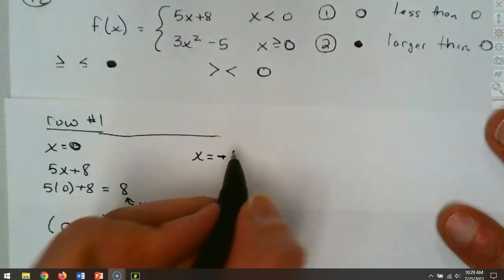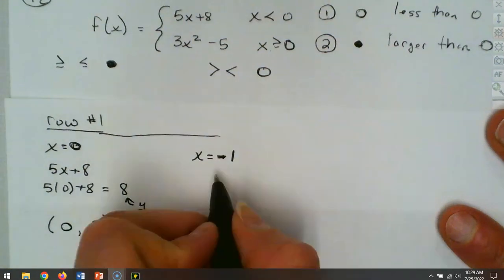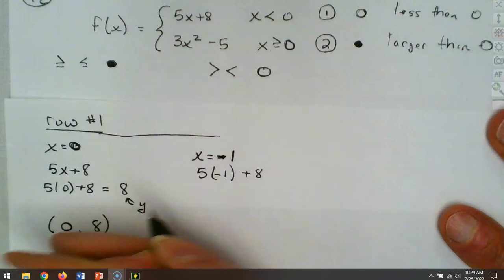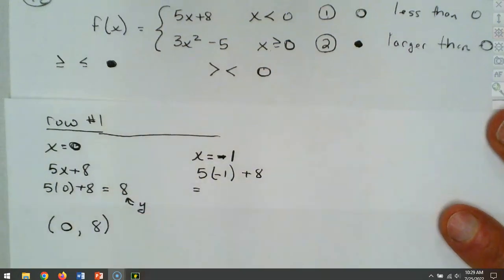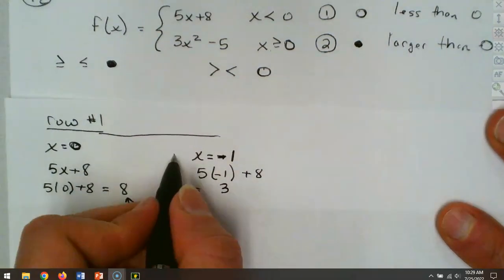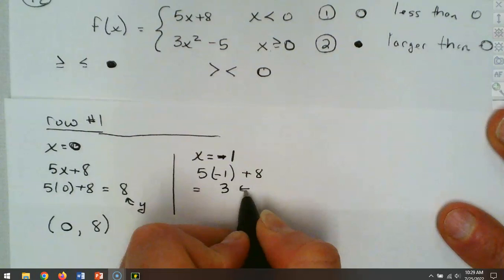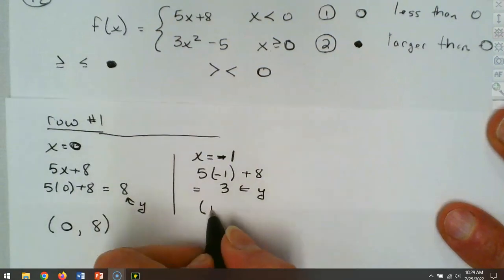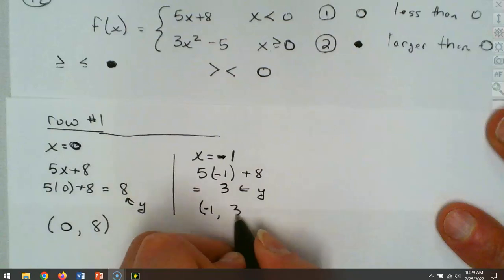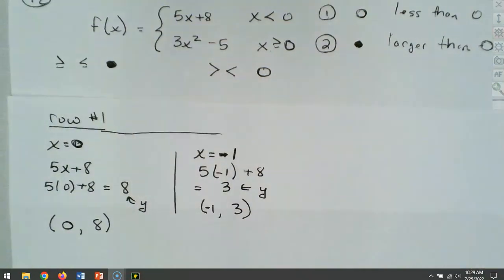So if I plugged in this -1, that would give you 5 times -1 plus 8. 5 times -1 is -5. -5 plus 8 makes it a 3. That again is your y part. So as an ordered pair, you would now have (-1, 3).